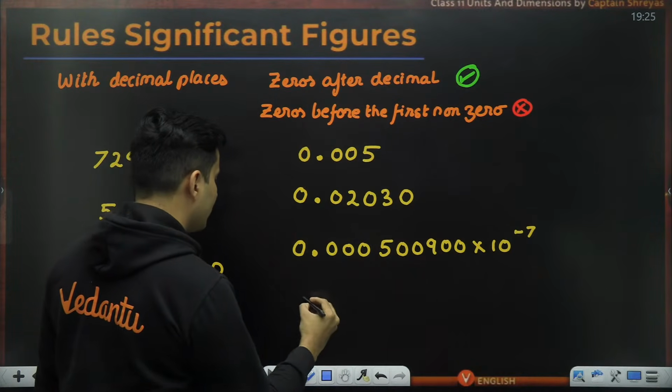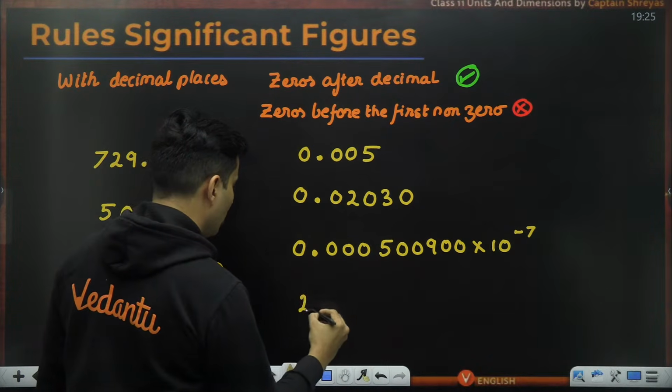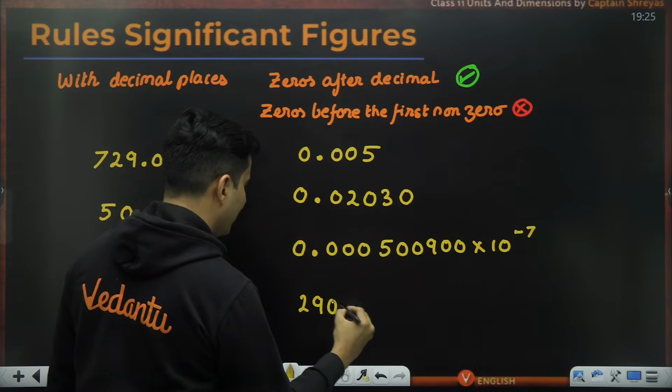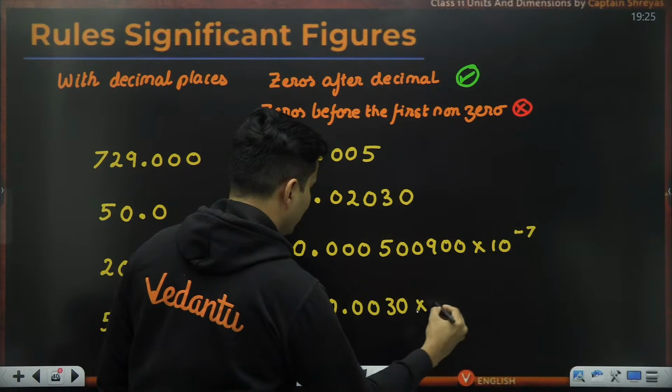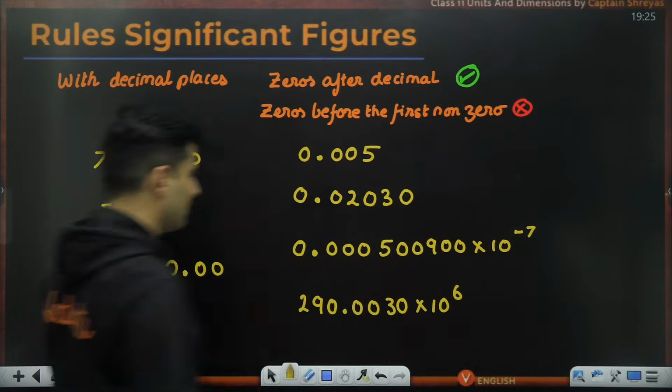Another number, let's say 290.0030 into 10 to the power 6.